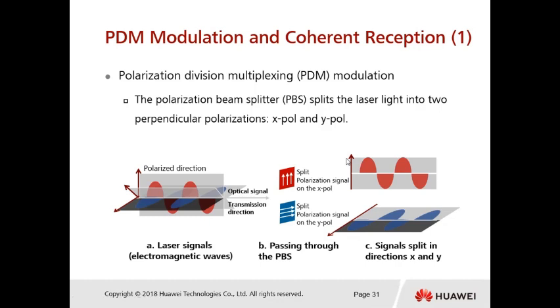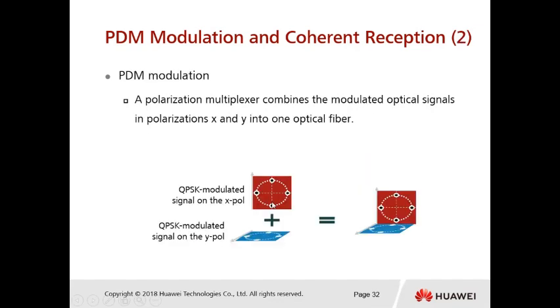It has a lot of different steps. In the first step, PBS, which is the polarization beam splitter, splits the laser light into two polarizations, X pole and Y pole. And these two different polarization directions are perpendicular.